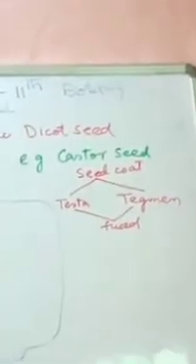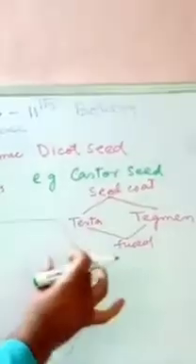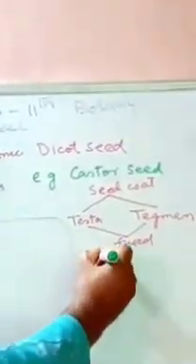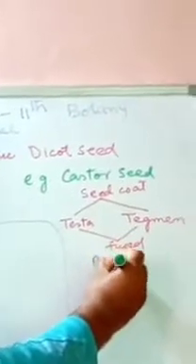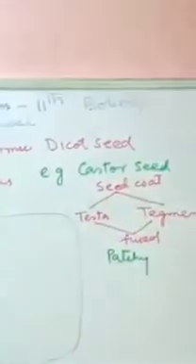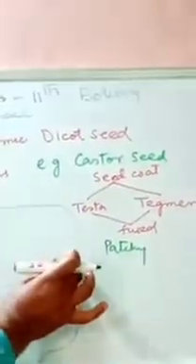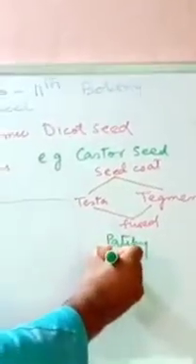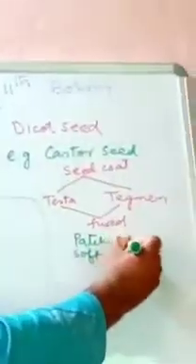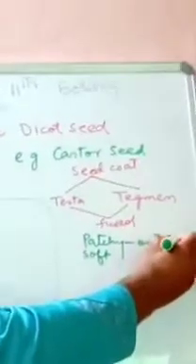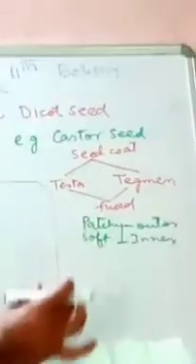The outer side of the testa, the outer coat, is somewhat patchy, and if we go to the inner side, it is very smooth. This is the outer, this is the inner. The outer is somewhat patchy and designed, while the inner side is soft.